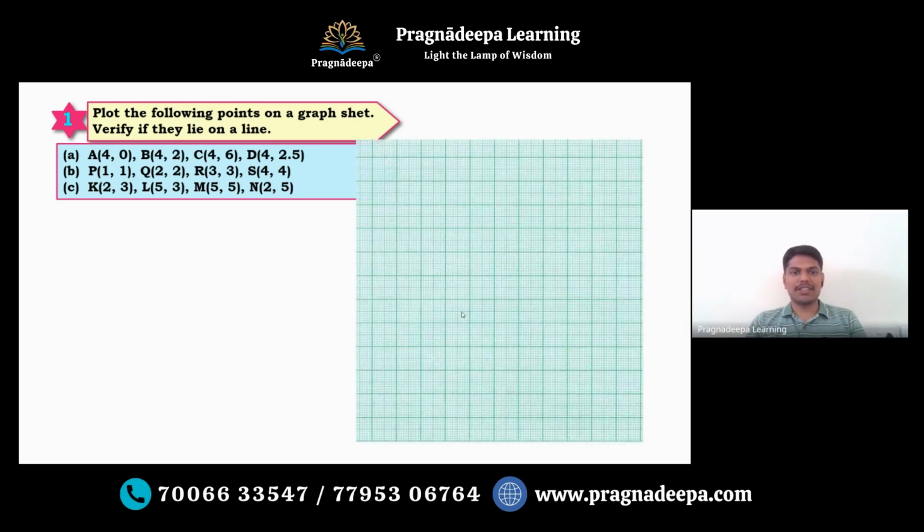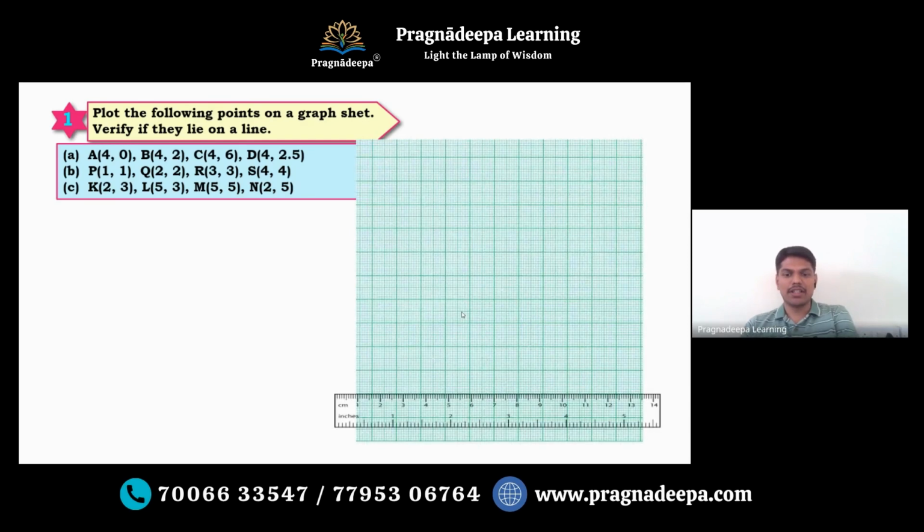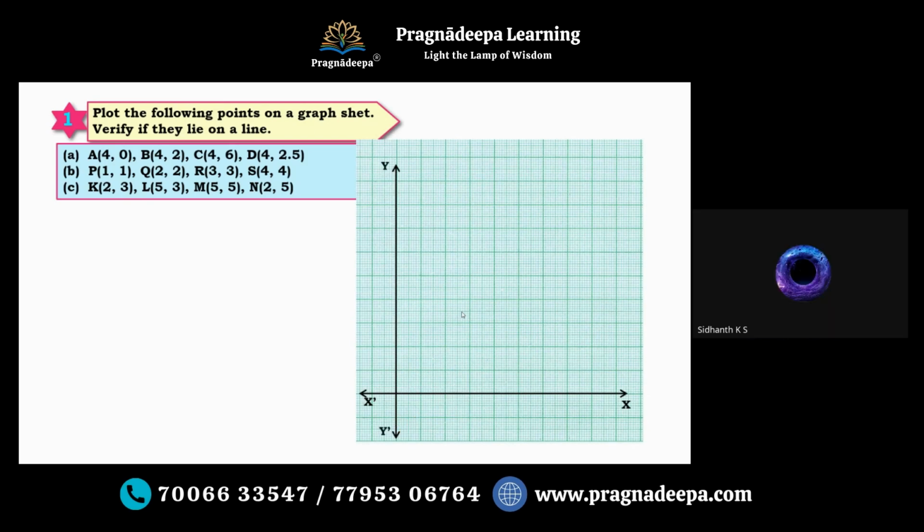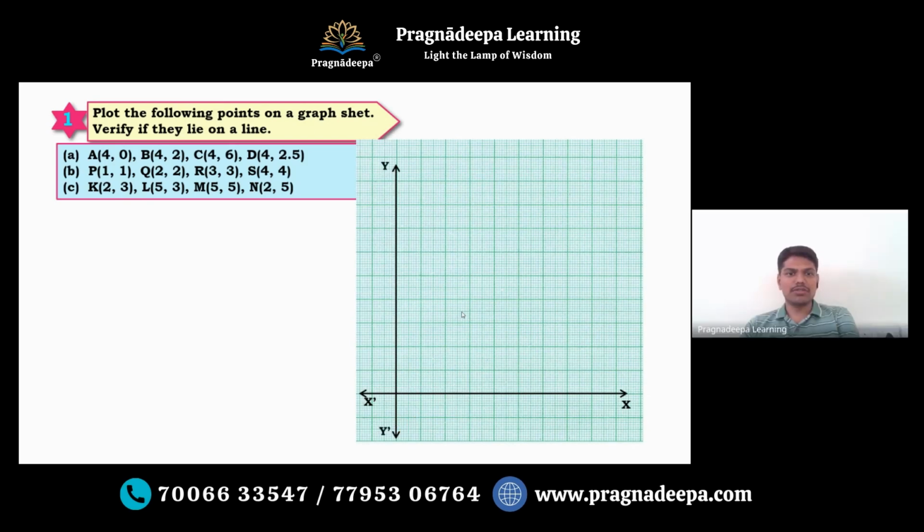Now I will just take a graph sheet. As usual, we will draw the x-axis and we will draw a line which is perpendicular to the x-axis and name it as the y-axis. Correct? Yes, sir. Now, do you know how to plot the point 4 comma 0?